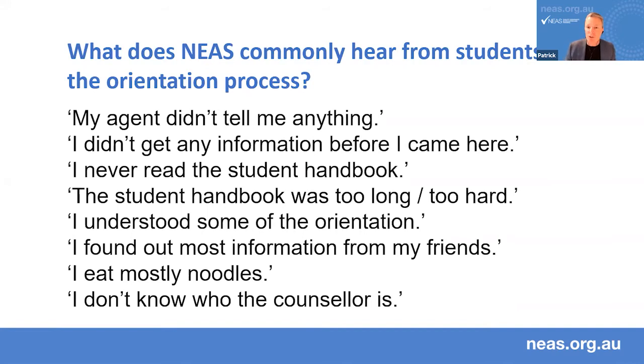So if you've got an opportunity to coach, to mentor, and to influence some of those peer networks through Facebook, through WhatsApp, through some of those other channels, that's the place to get the correct information in circulation. So then, when the students share with one another, they can get the right information.